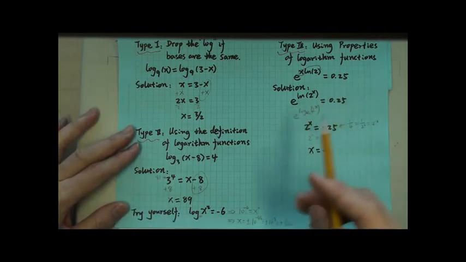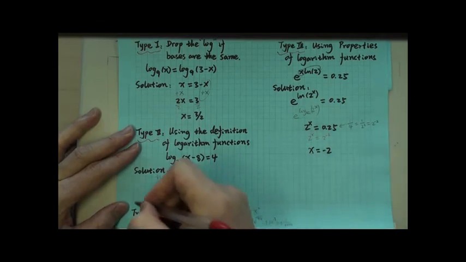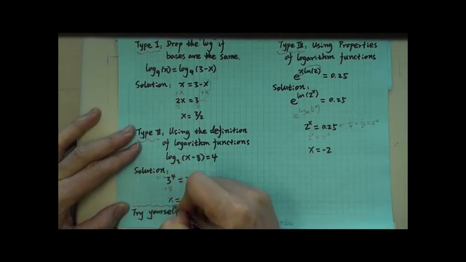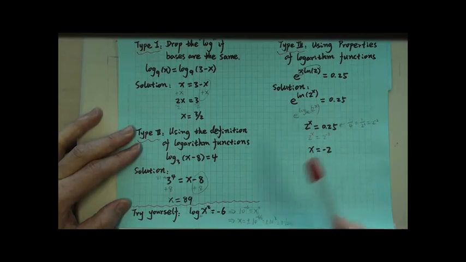You may want to try this one yourself, the one below it. This one is given log x squared is negative 6. The base is not written, so then the base is 10 by definition.